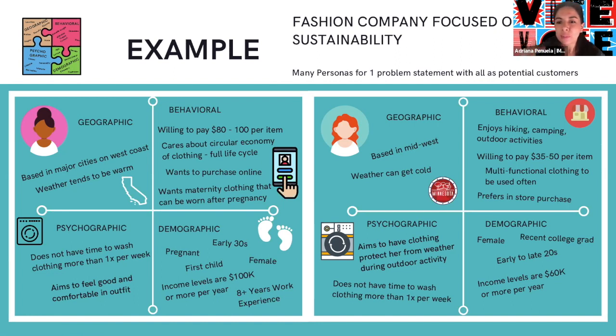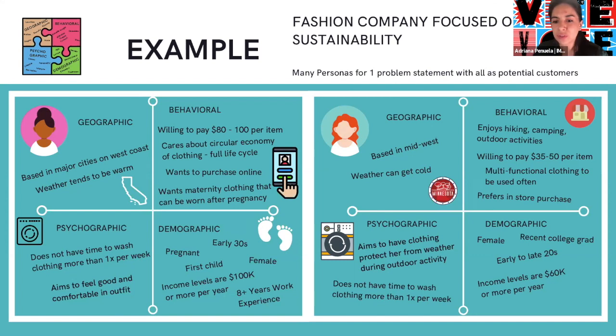They look for multifunctional clothes to be used often. They prefer in-store purchase. They like to go and shop in person. In terms of psychographics, they aim to have clothes that protect them from the weather during outdoor activities. And they also like washing clothes once per week.